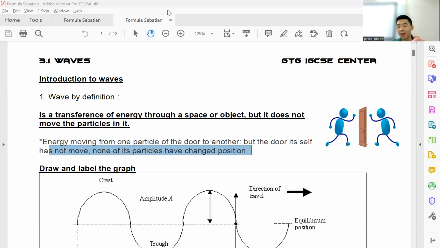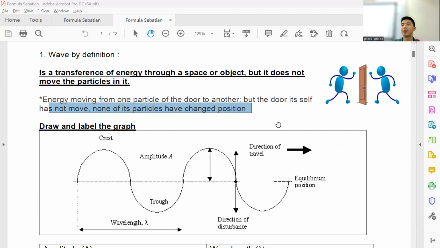Otherwise, for sure, it's vibrating. For example, why can dinosaurs turn into fossil fuel? Because they still have their energy stored in them. After millions and millions of years, that stored energy becomes fossil fuel, which you use to burn the furnace and everything. So unless you reach absolute zero, for sure the particles will be vibrating. Having said that, copy everything down here and draw the graph.